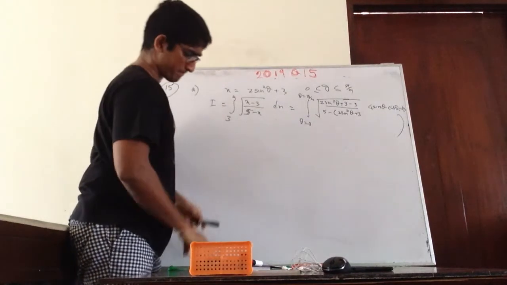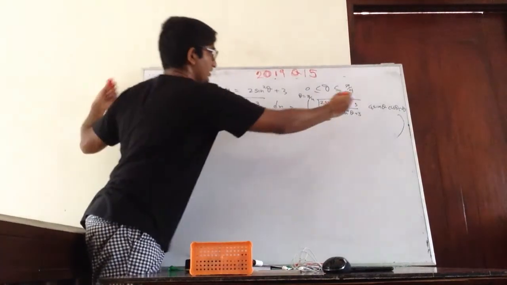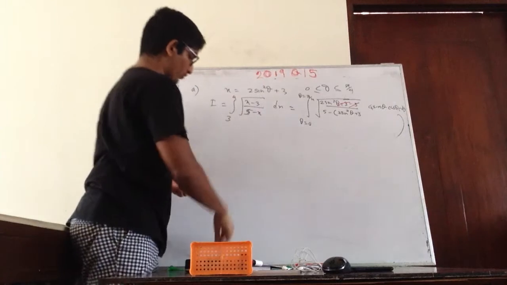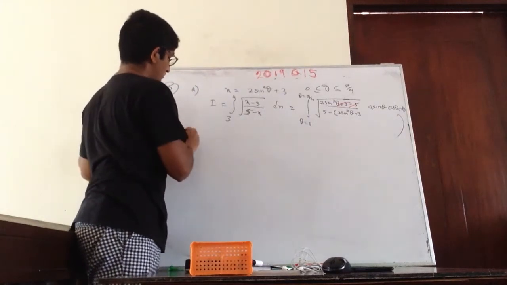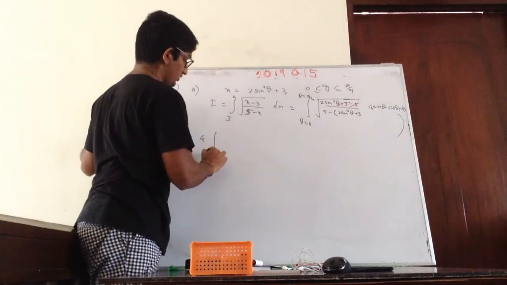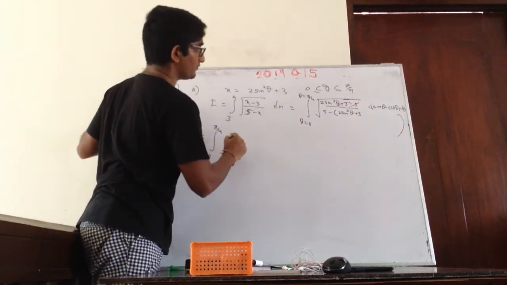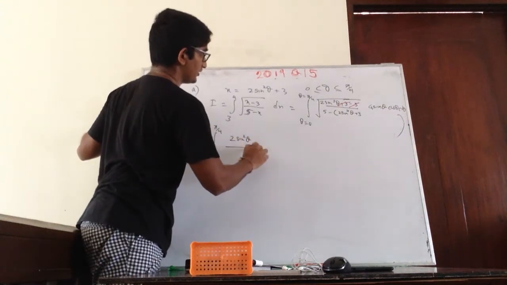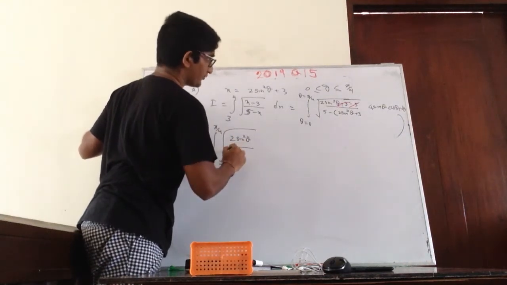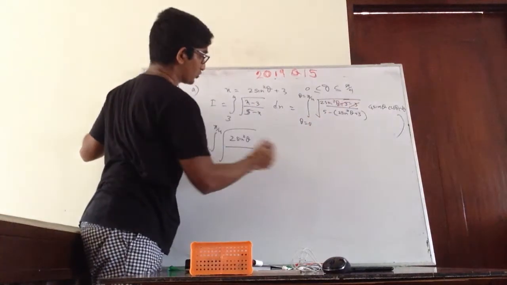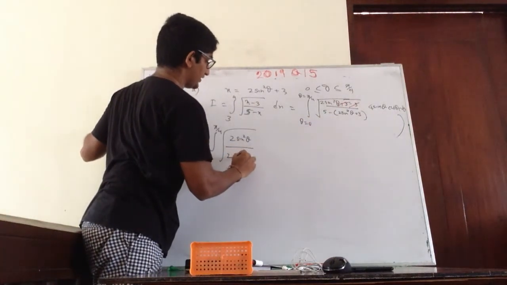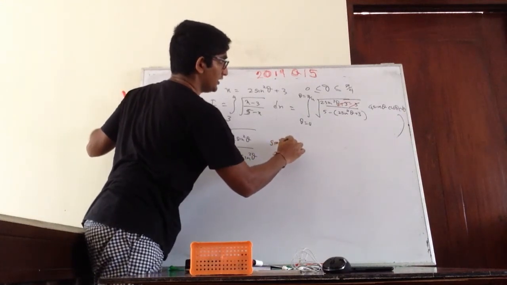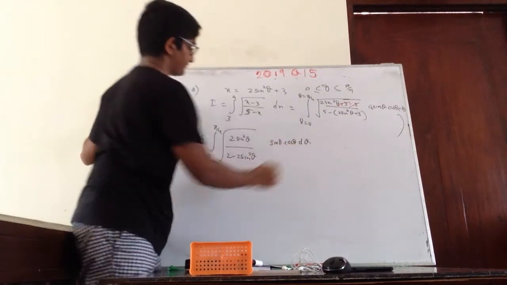So here I can cut this 3 off. I'm going to take the 4 out as well. 4, 0 to pi over 4. I'll have 2 sin squared theta. Then 5 minus 3 is going to be 2, so I'll have 2 minus 2 sin squared theta, then sin theta cos theta d theta.